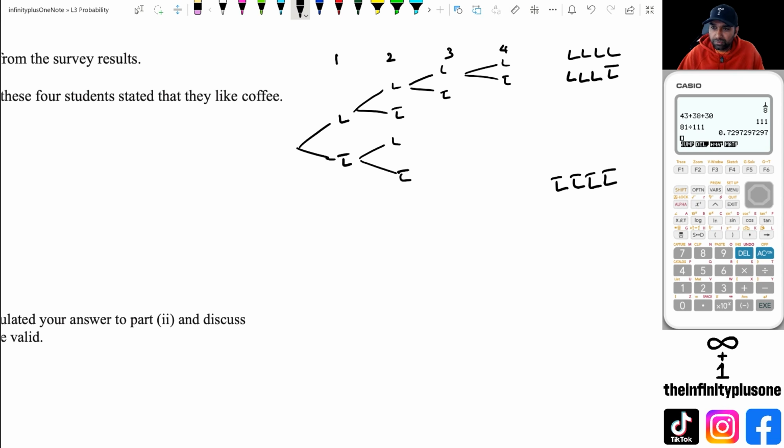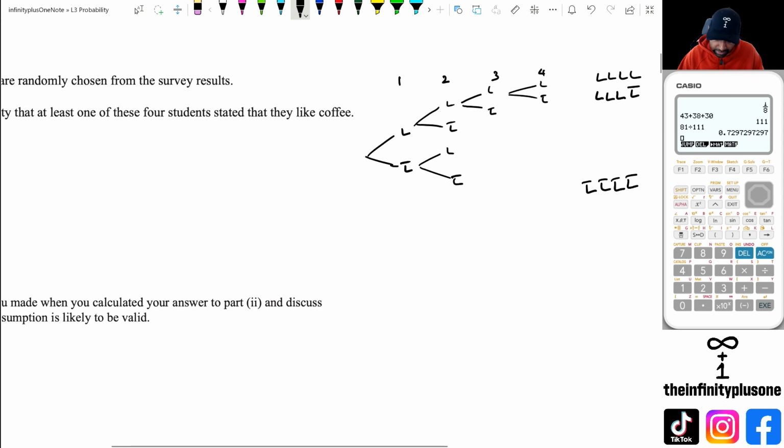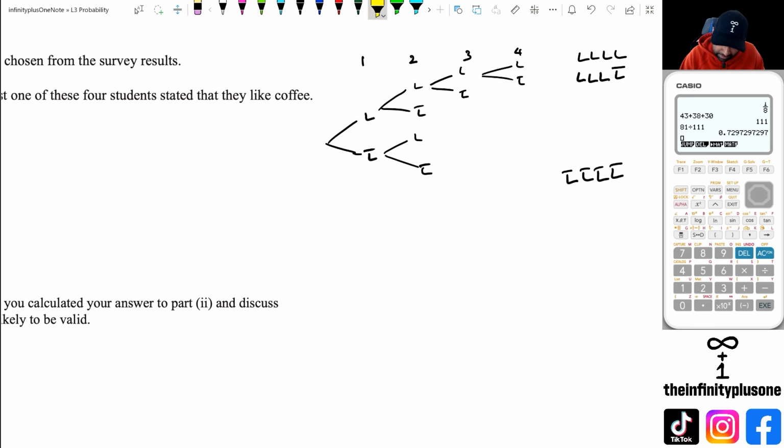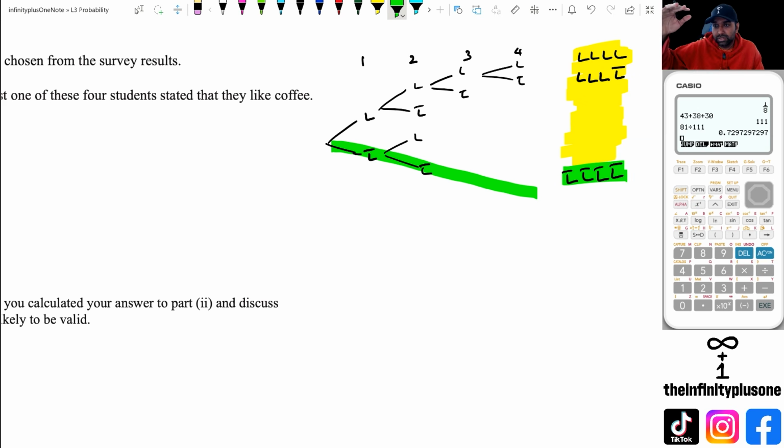So if you want to find at least one of these 4 kids likes coffee, then in all of the rest of these branches there is going to be at least one kid that likes coffee. The only branch where nobody likes coffee is the very last one. So what we could do is find the probability of nobody liking coffee from those 4, and then do 1 minus that, and you're going to get the rest of those yellow parts combined.